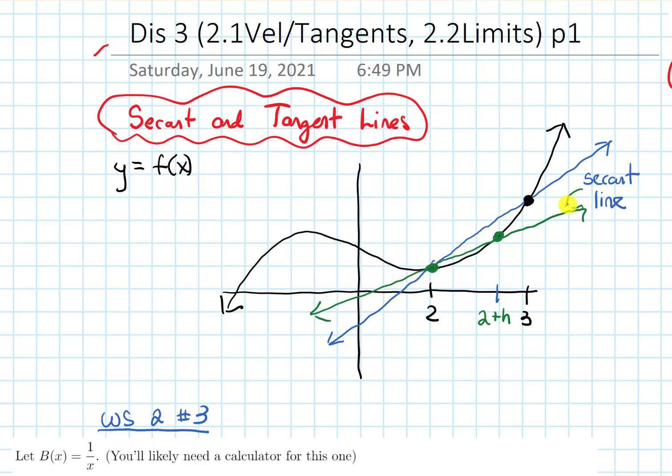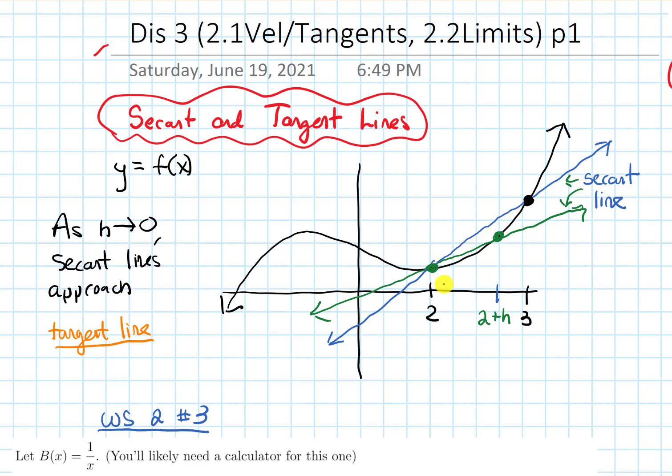So we have 2 secant lines. Here's 1, here's 2. And if I were to now have h approach 0, get closer and closer to 0, our secant lines will approach the tangent line.